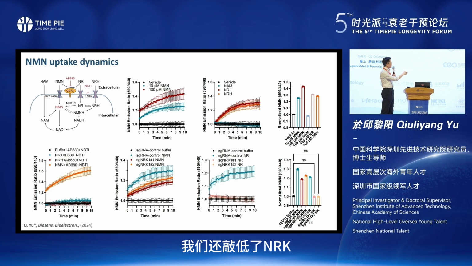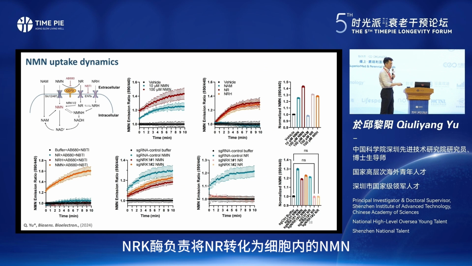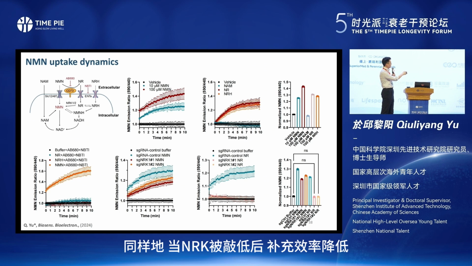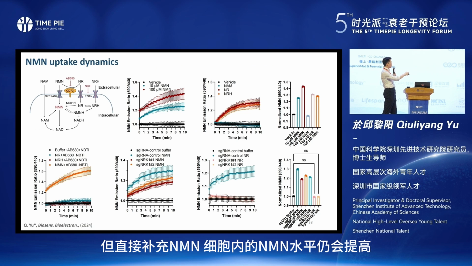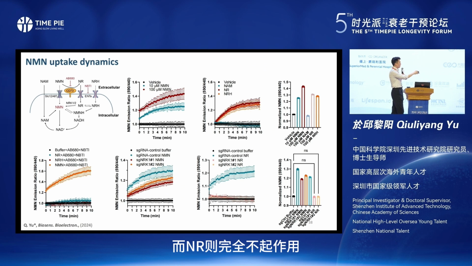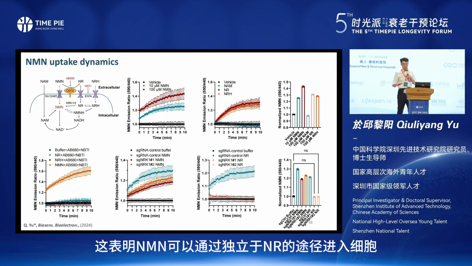And then we also knocked down NRK, which is responsible for converting NR into NMN in the cells. Same here: if we knock down NRK, the supplementation rate decreased, but nonetheless you can still increase the cellular NMN if you put NMN in the cells. But NR is completely ineffective anymore. So this basically shows that NMN can indeed enter the cells via NR-independent pathways.